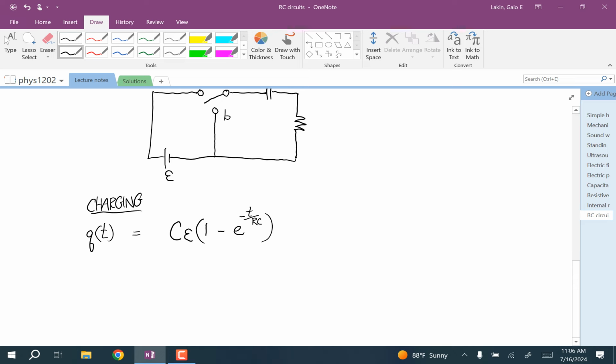And another way you can write this: since the maximum charge you could develop with a capacitance C and an EMF of epsilon is, we'll call it Q max, and it's equal to C times epsilon, you can write this also as the maximum possible charge times the quantity 1 minus e to the negative t over RC.